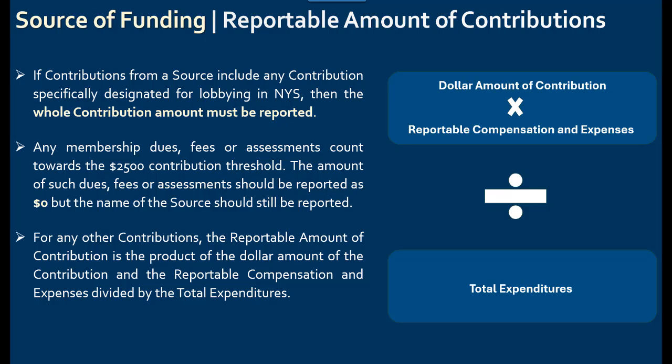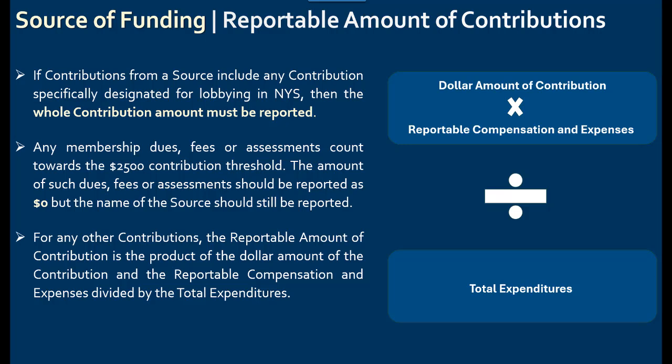Now let's take a moment to explore the actual formula. If contributions from a source include any contribution specifically designated for lobbying in New York State, then the whole contribution amount must be reported. As we mentioned earlier, any membership dues, fees, or assessments count towards the $2,500 contribution threshold.